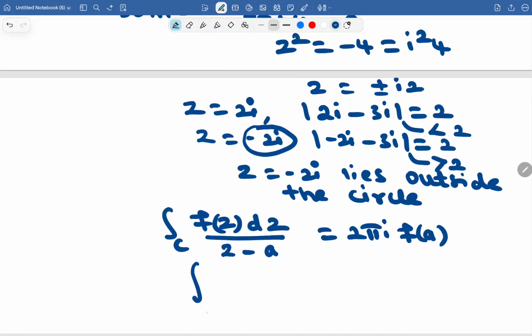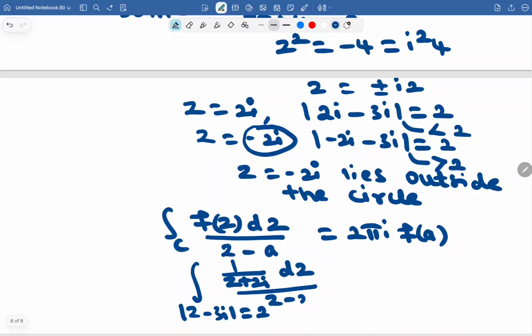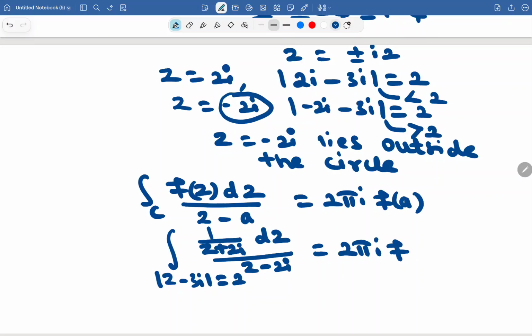We can write it as modulus of z minus 3i, which is equivalent to 2, integral of one by z plus 2i dz by z minus 2i, which is equivalent to 2 pi i f of a.